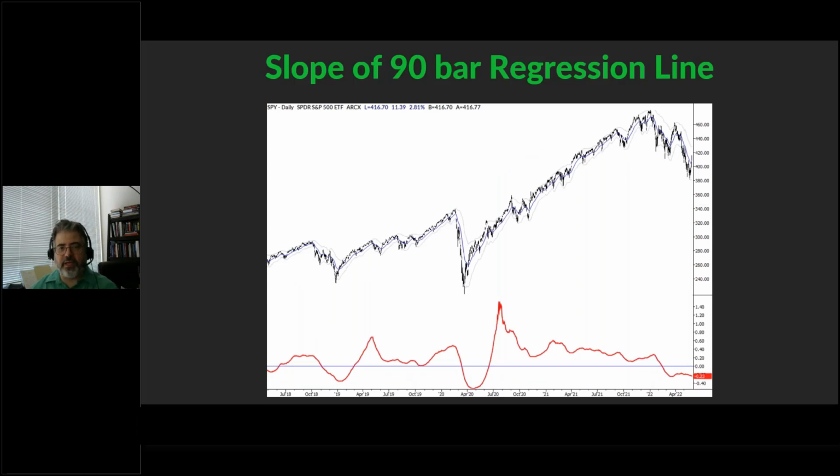For each bar on the chart, I have fitted a regression line through the closes. And then the line underneath, which looks like an indicator, is just the slope of that line. So at this point on the line, you're probably looking at a line that looks something like this. Every bar has one of those lines drawn.